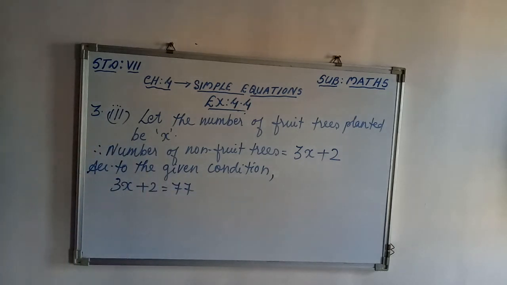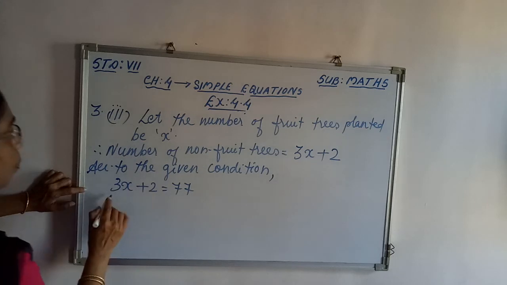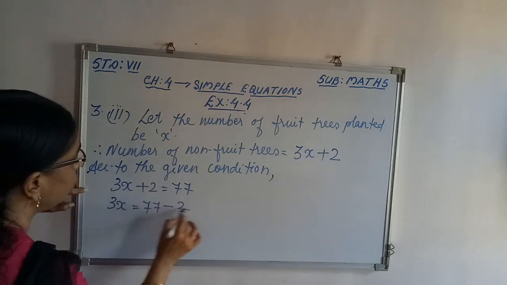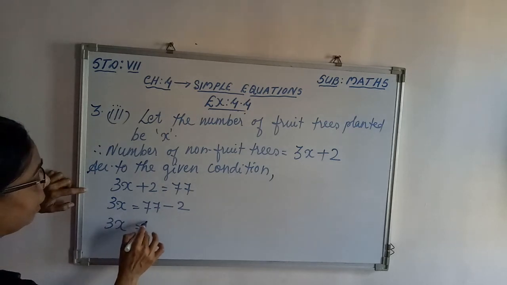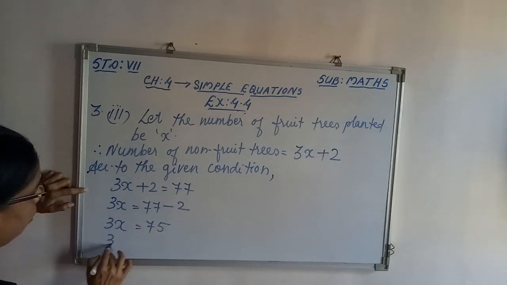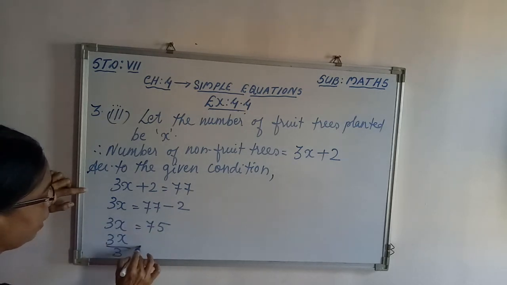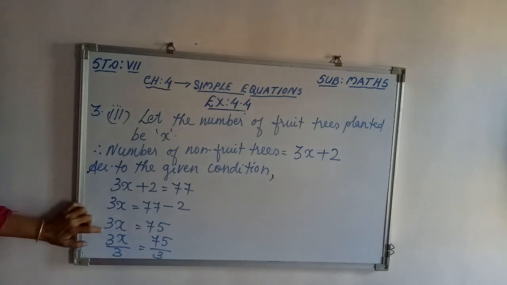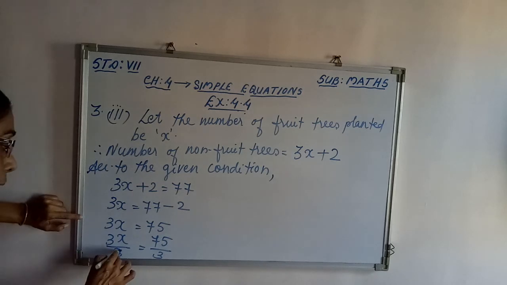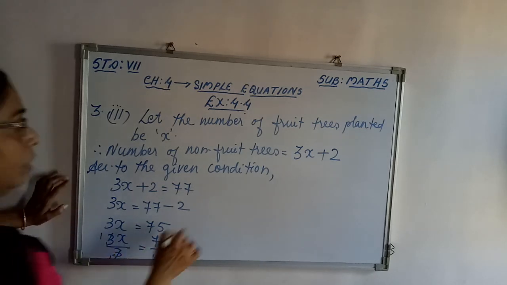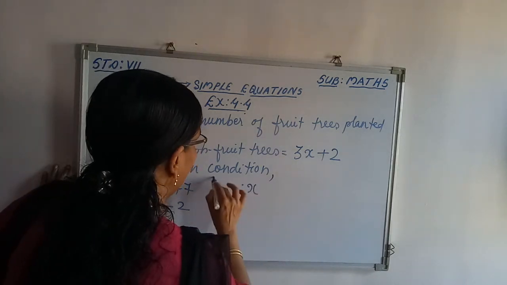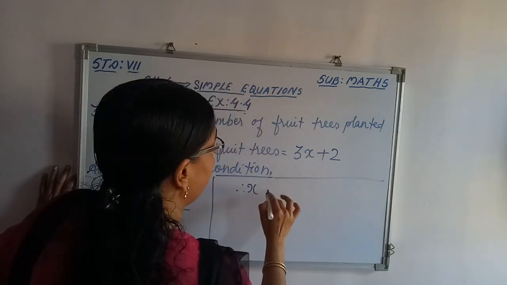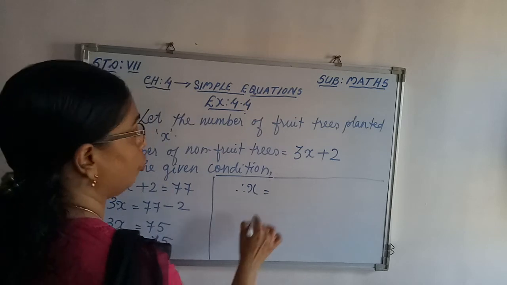Now you know how to solve. Transposing 2, 3x is equal to 77 minus 2. 3x is equal to 75. 3x divided by 3, 75 divided by 3. To remove this 3 we have to divide both sides by 3. So therefore x is equal to 75 divided by 3, 25.